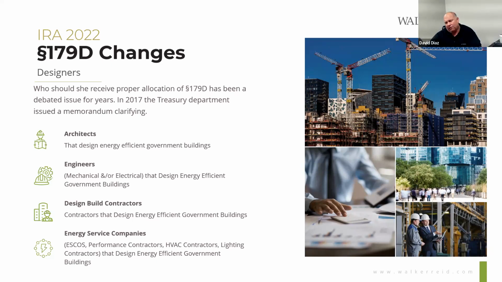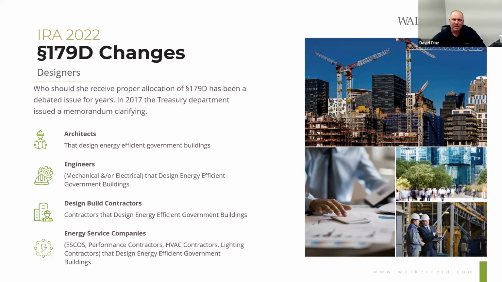Now, on the flip side of that, the other opportunity and why it's relevant, and it's part of this AIA series to the architects and the engineer. On the flip side of that, there's the opportunity with the 179D to have designers of government-owned buildings, and that has changed as of the Inflation Reduction Act, and I'll get into that as well.